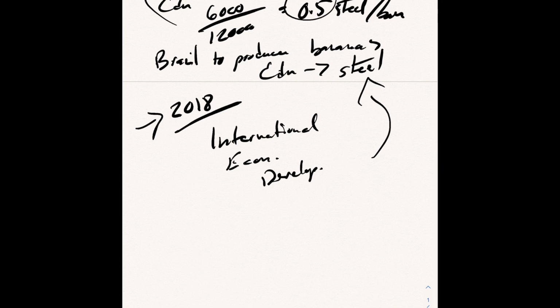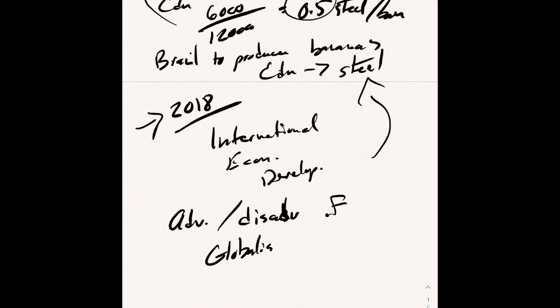And the first thing you're going to do is take notes about the advantages and disadvantages of globalization.